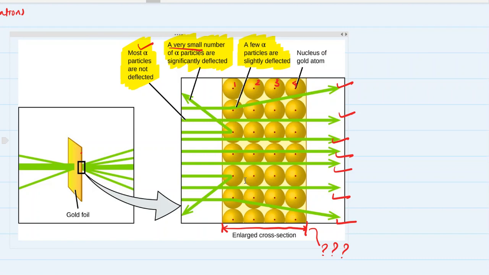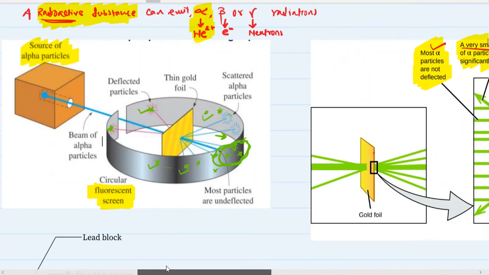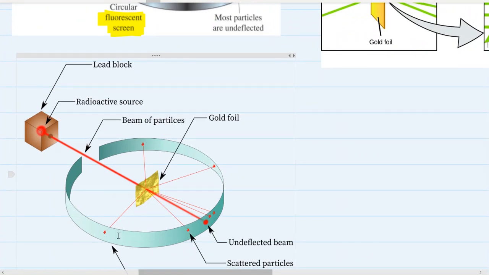ठीक है? In the center of the atom, there is a very densely packed nucleus which has protons, the positively charged particles. And once in a while, when an alpha particle passes close to this nucleus, it gets deflected by large angles. Like a particle maybe over here, once in a while, very few particles get deflected with large angles.